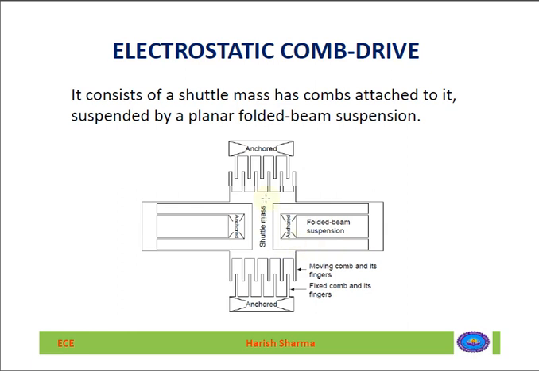In this diagram you can see that it can move in this vertical direction only. This is anchored, at a fixed position, and this one can move. As we apply the voltage, because of the electrostatic force, they will move in the up-down direction. So we can convert electrical energy into motion using an electrostatic comb drive.